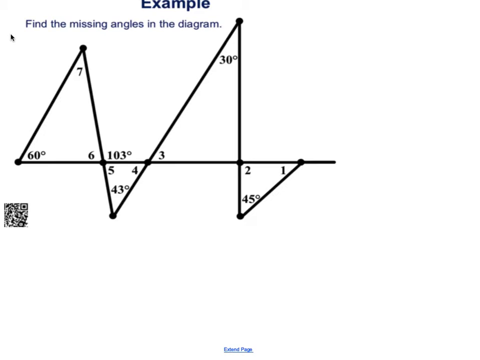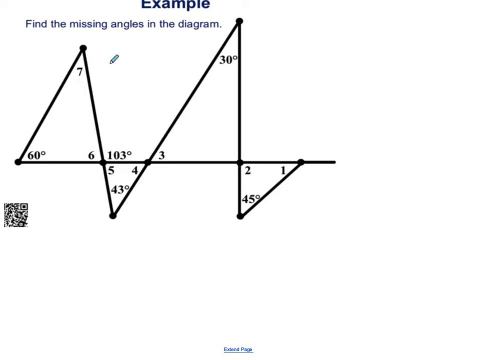Okay, so let's begin. The first clue is to always start where there's a straight line, because you know a straight line is equal to 180 degrees. And if you have a linear pair where you know one of the angles, then you definitely know the other angle, right? So I have two options here.